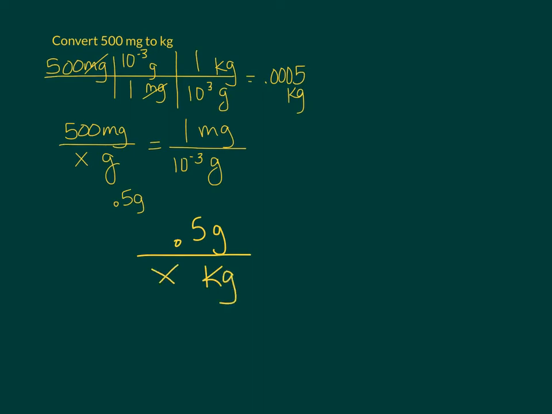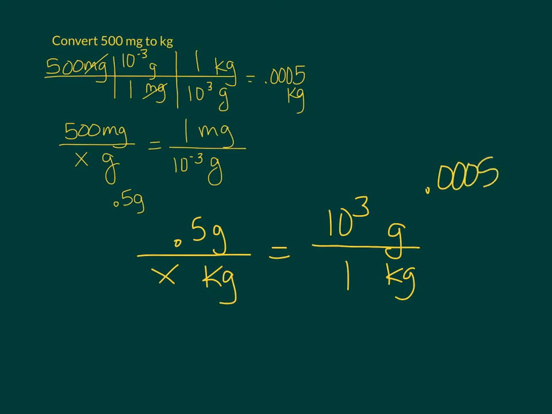We don't know how many kilograms that is. Put grams across from grams, kilograms across from kilograms, and we know that 1 kilogram is 10 to the third grams. Cross multiply and divide, and you end up with the same thing we got before, 0.0005 kilograms.